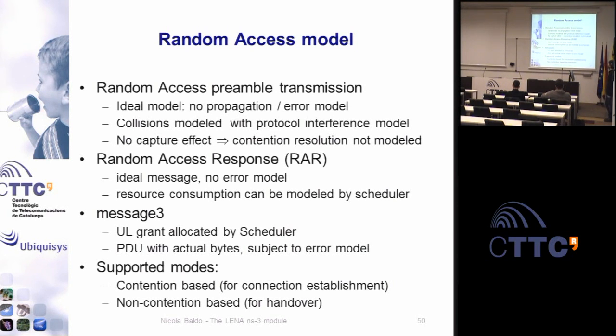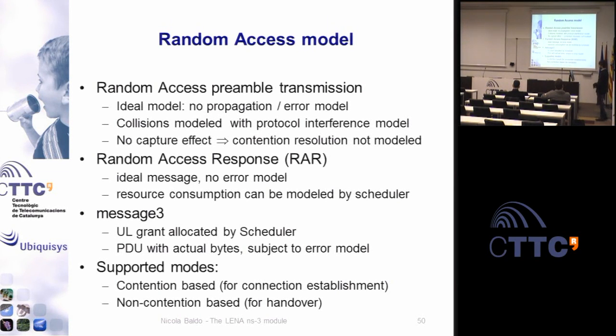The collision model basically corresponds to what is known in the literature as the protocol interference model. So collisions are only logical and not due to SINR. Additionally, we don't have a capture effect, so even though one preamble might have a much stronger power, if it collides, we pretend it's never received correctly.